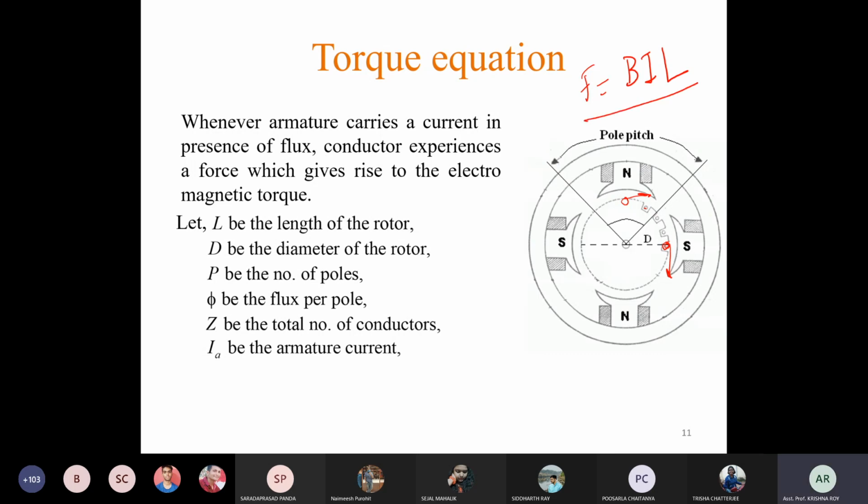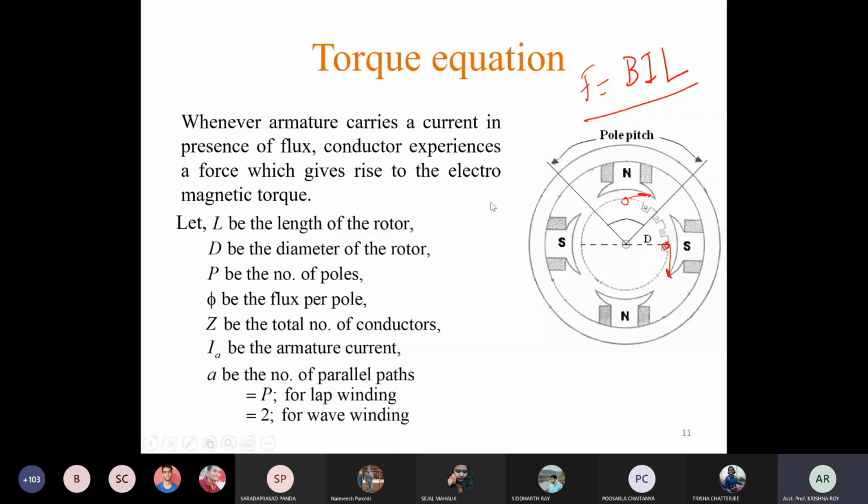For induced EMF calculation we used E equals BLV, but in force calculation we have to use this formula BIL. That is why this armature current is required, and again A is the number of parallel paths, which is equal to P for lap winding and equal to 2 for wave winding.